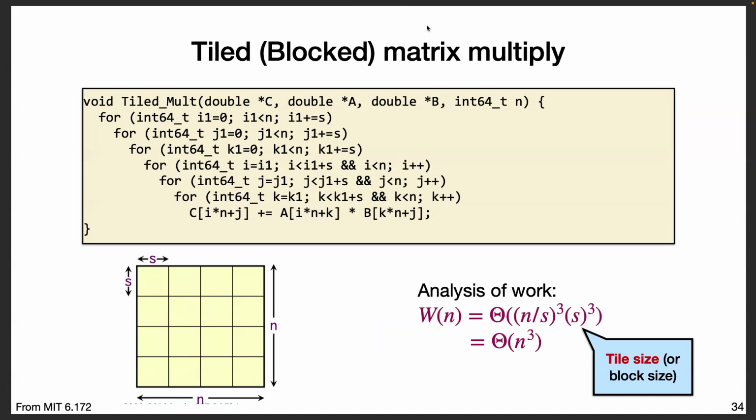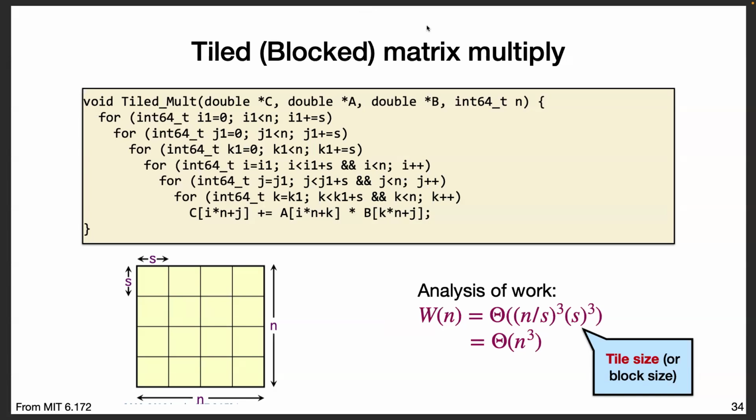And so this is about tiling. Normally, in the simplest version, you have just 3 loops, each one going from 0 up to n. But here we have 6 loops, where instead of going all the way down, you cut submatrices to multiply. The submatrix has size S, so the size of the submatrix is S squared.